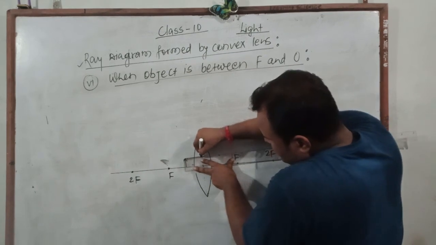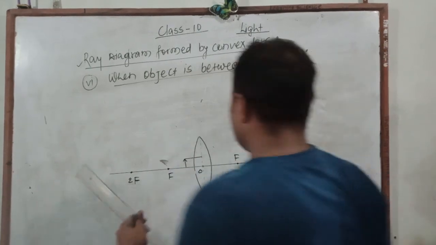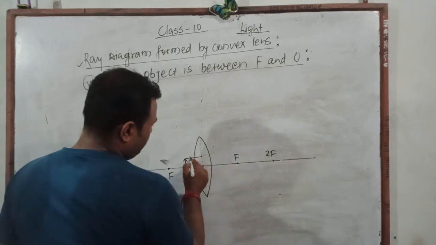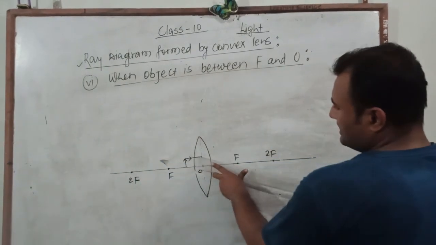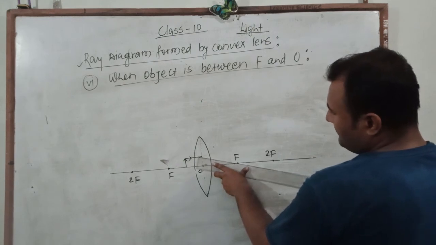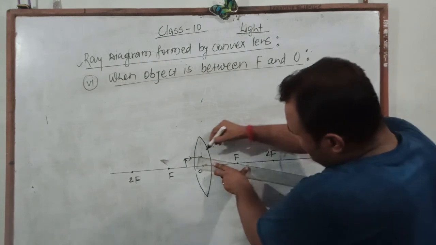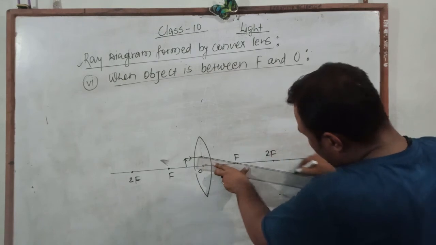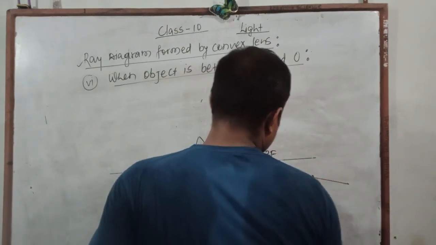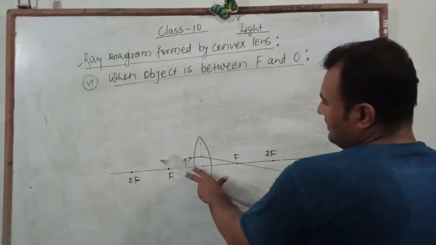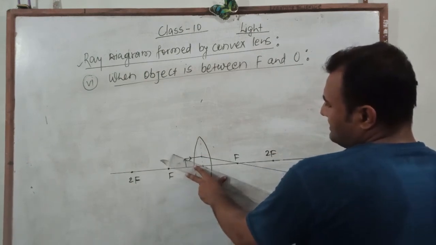According to the rule, this ray of light passes through the F, and here we extend it through F. Another ray of light passes through the optical center.